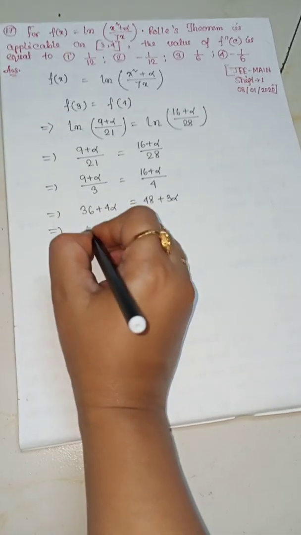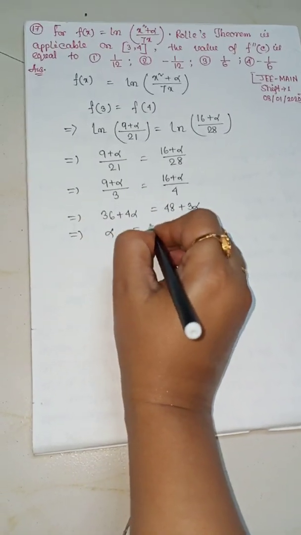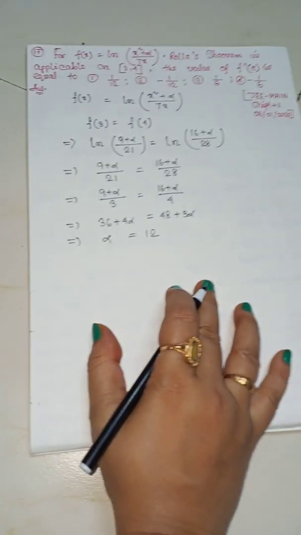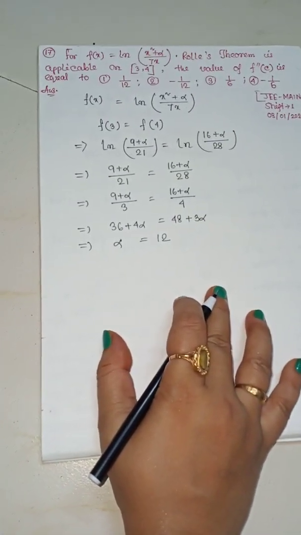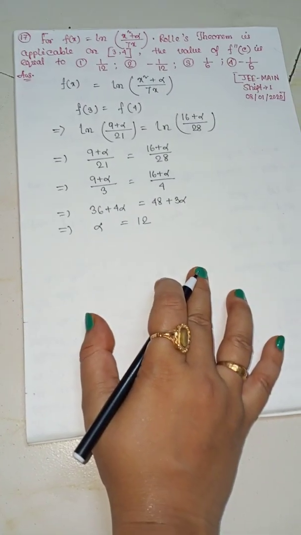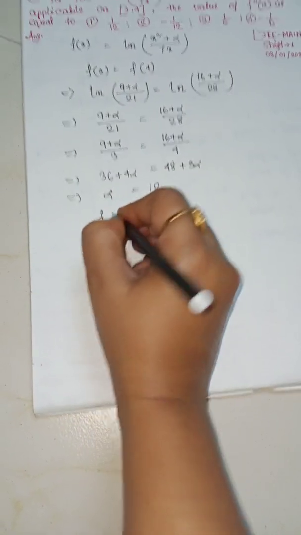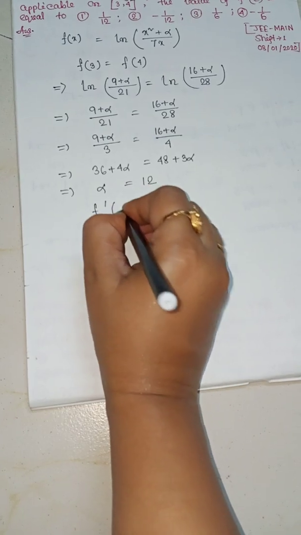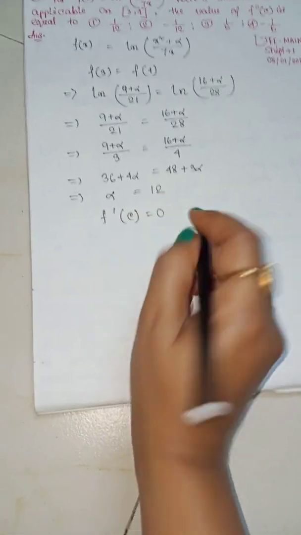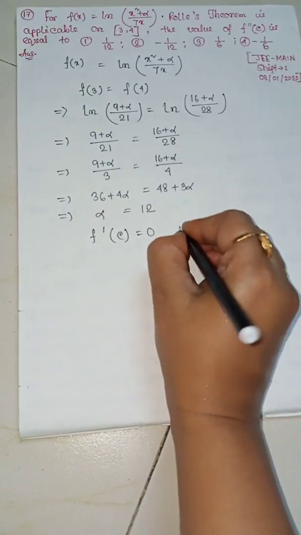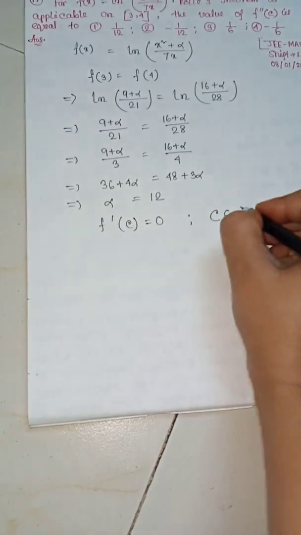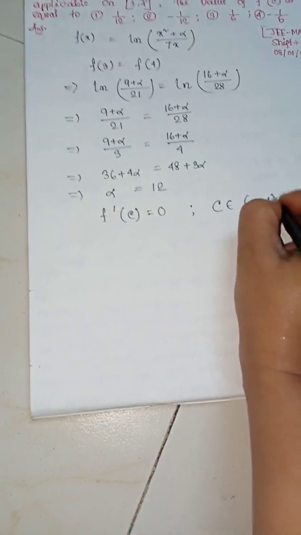That implies α = 12. Now from Rolle's theorem we know f'(c) = 0 for some c belonging to (3, 4).